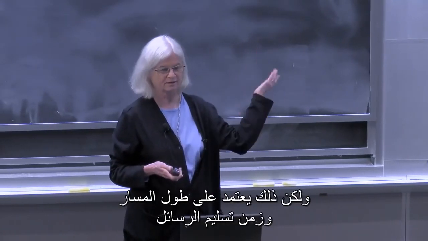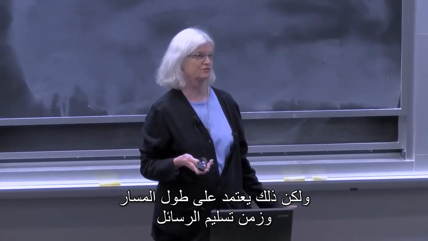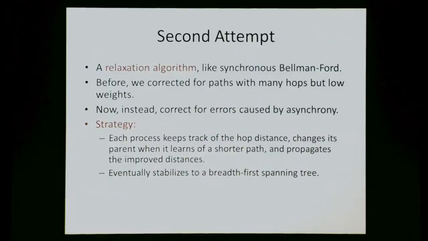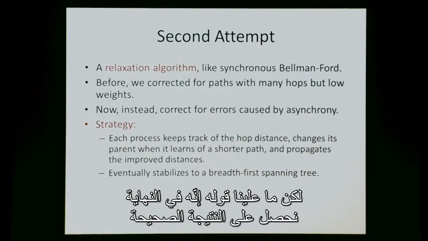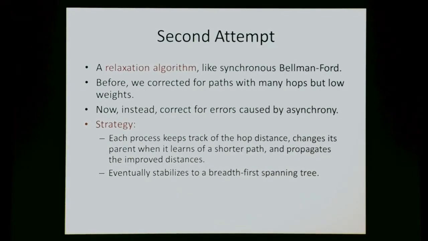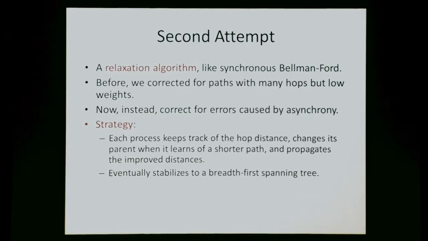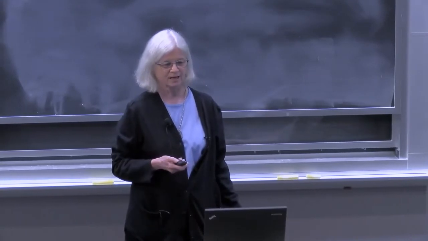That depends on the length of the path and the message delivery time and the number of nodes, because there can be congestion. Okay, so you have to not only say things are correct, but you have to say eventually you get the right result. And here it will say by a certain time you get the right result. Make sense? So this is how you would understand an algorithm like this one.